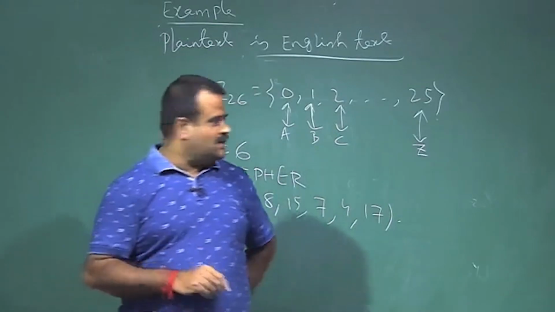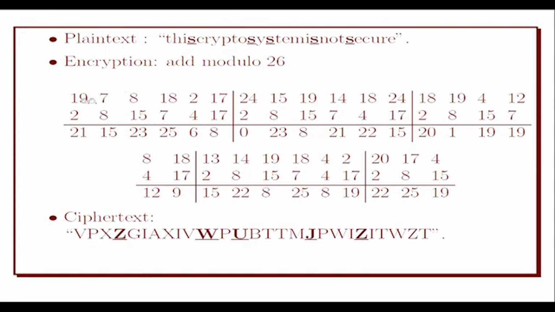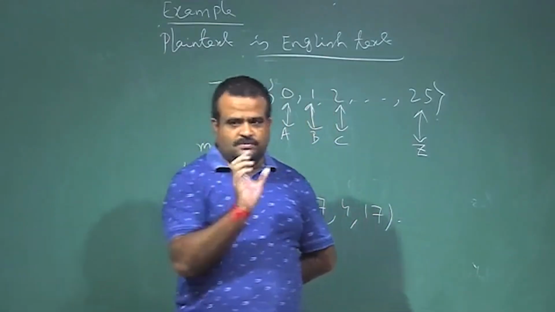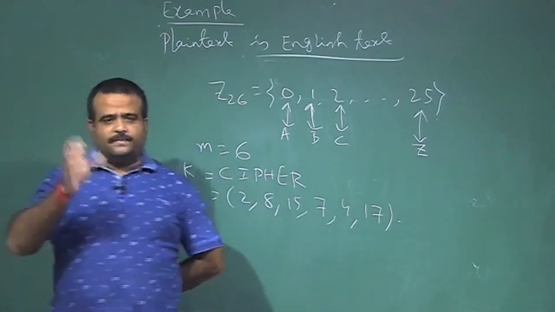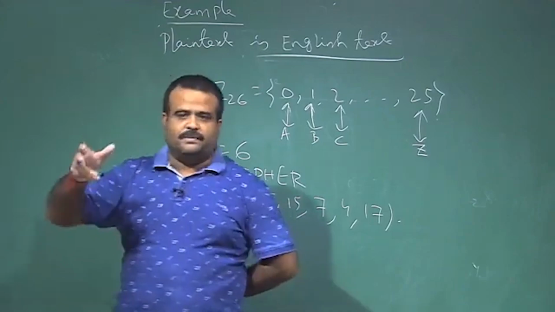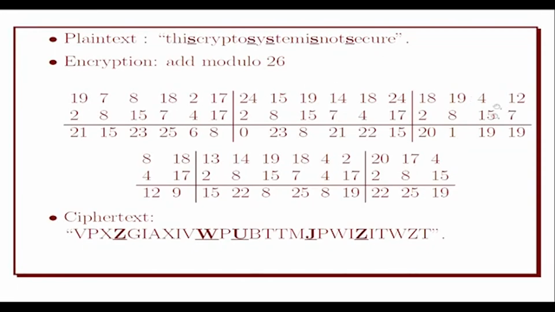So, we apply this correspondence and get the corresponding integers. Now, we have to break it into blocks of 6, where each element is an integer, because we are moving through the plain text and applying a monoalphabetic cipher, the shift cipher. So, this is the first block, this is the second block, like this. The last block has only three integers, so that is fine.